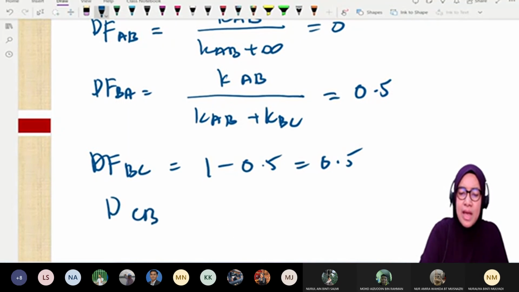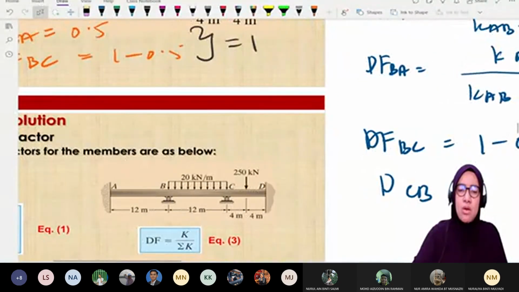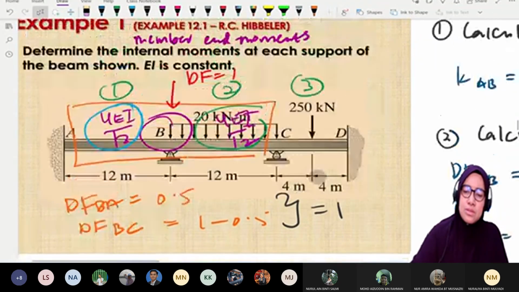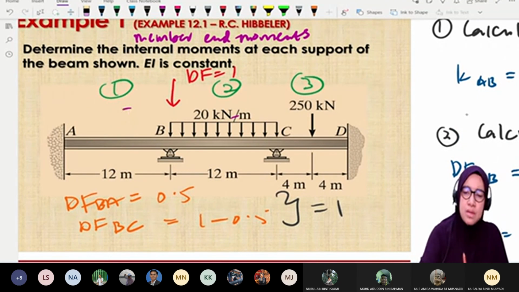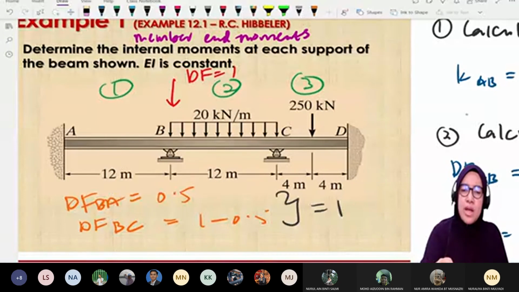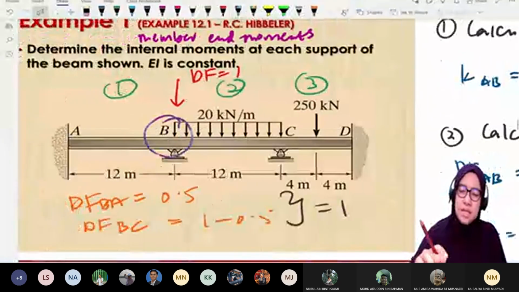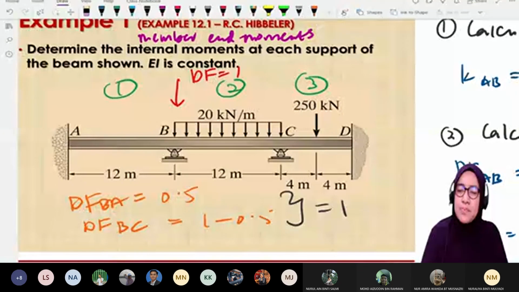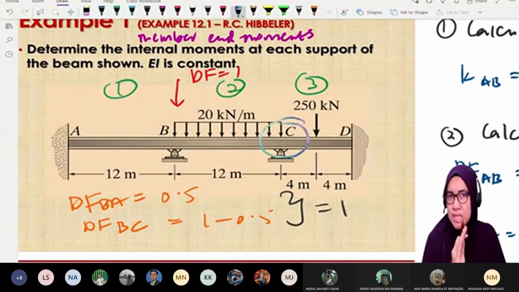We have calculated DFBC, now DFCB. Look at joint B; BA and BC are done. Now at joint C, between BC and CD.